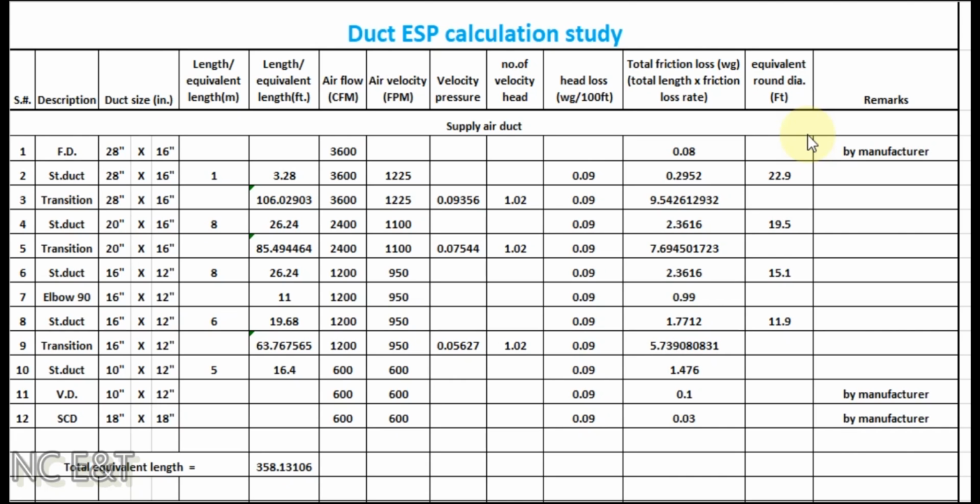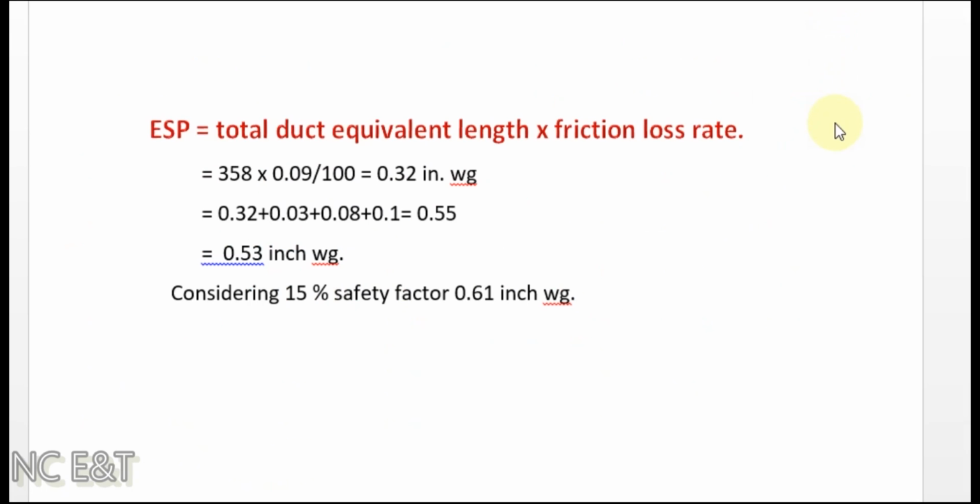After applying the calculated and selected values from the chart in the Excel sheet, we can calculate the total equivalent length of the duct, that is in our case 358.13 linear feet. For the calculation of external static pressure, we have the formula ESP equal to total duct equivalent length and friction loss rate.